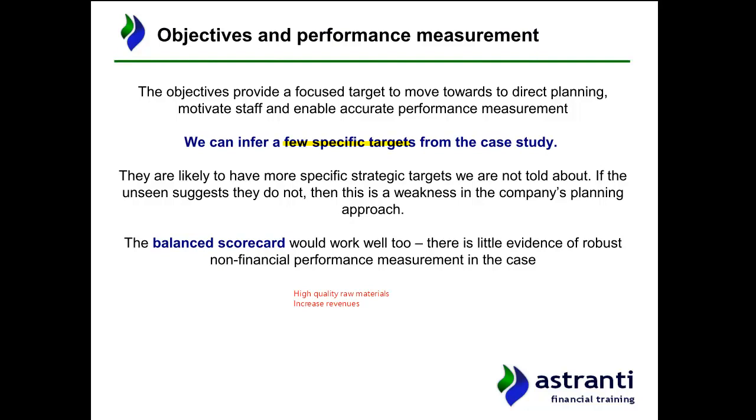There are likely to be more specific targets that haven't been mentioned, but if the unseen suggests there aren't any, and if no further ones are mentioned, then we can suggest that this is a weakness, and a lack of targets and objectives is poor planning, and development here will help the company achieve their overall goals and their strategy.